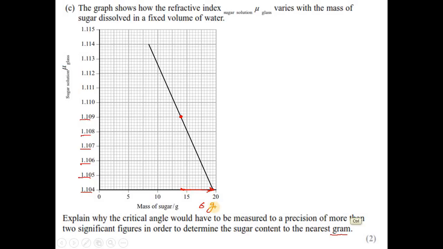We have changed, but there's no change in refractive index if we use just 2 significant figures like 1.10. If we use just these 2 SF or 2 decimal place, then we cannot determine the change in refractive index. So we will have to use at least 3 decimal place or more than 2 significant figures like that.